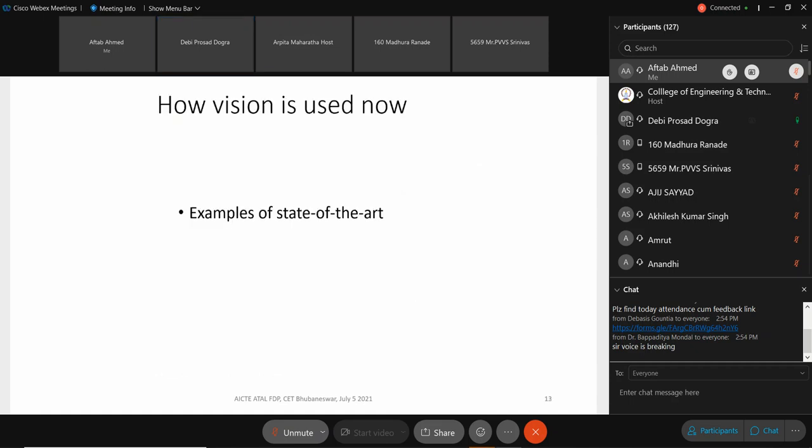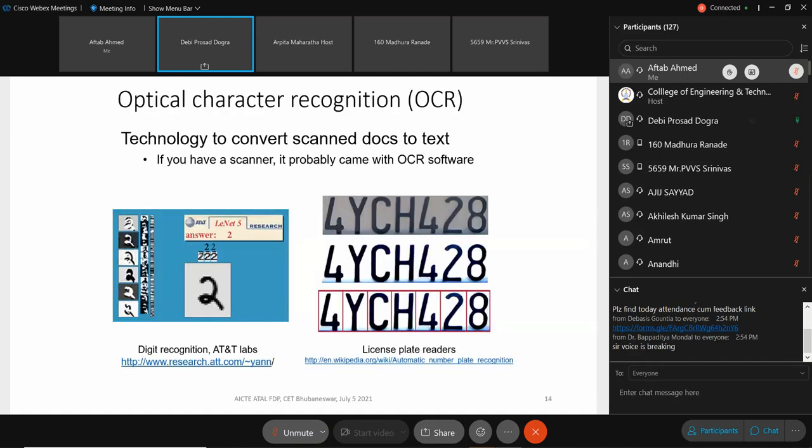So now I'll show you how vision is actually used with some examples of the state of the art. This is probably the oldest of the work, which you can see that AT&T came up with one application where they recognize the digits.